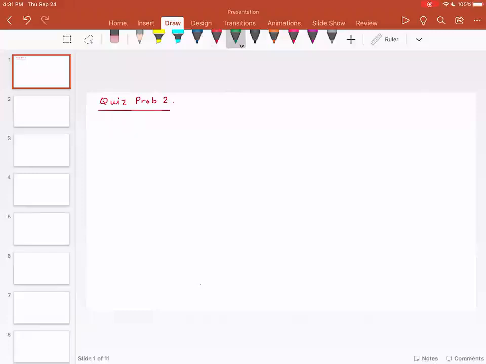If you remember the quiz problem, the kinematic diagram for this problem can be drawn as something like this. So this is the kinematic diagram for the quiz problem 2.